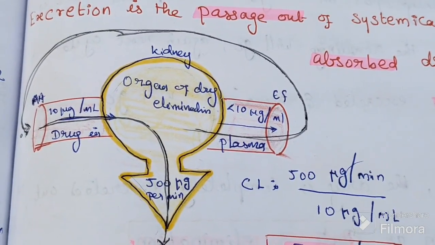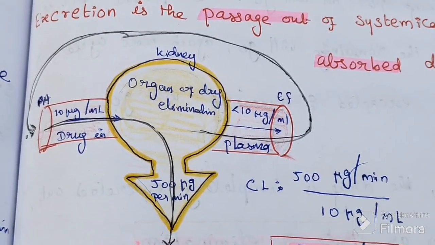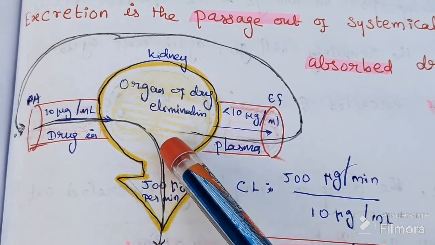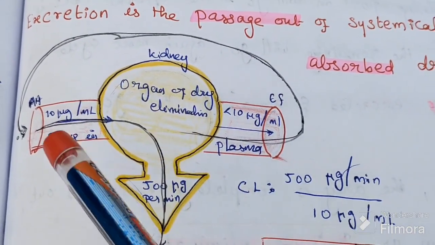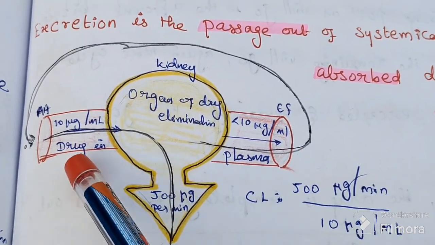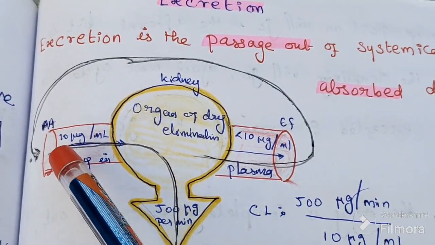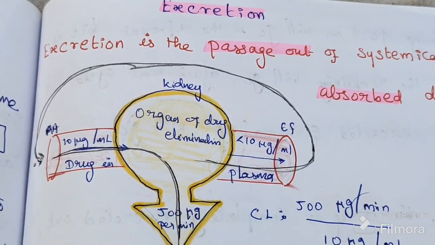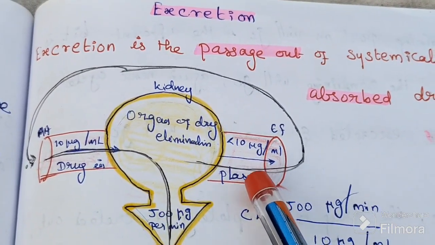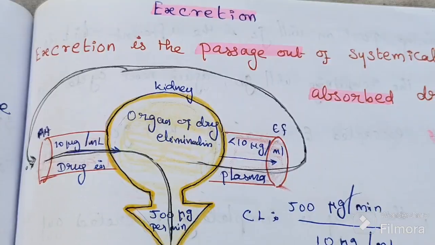Now we want to look at rate of elimination. Can you see this is the kidney, the yellow colored organ. This is blood entering the kidney. This is the afferent arteriole, and blood is coming out of the kidney. This one is the efferent arteriole.